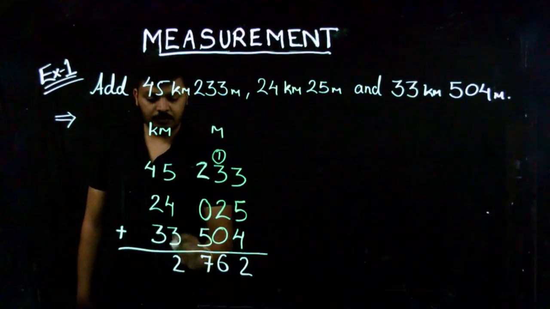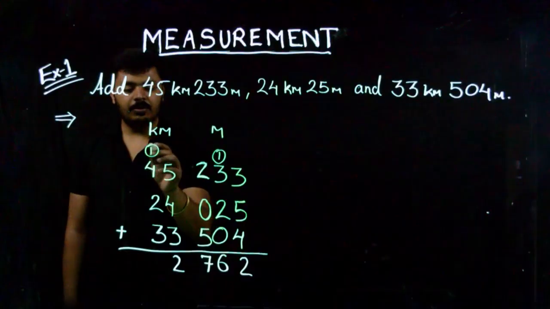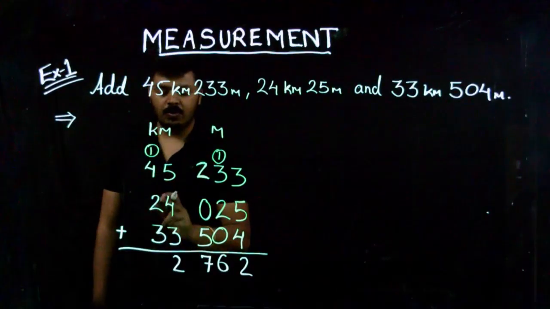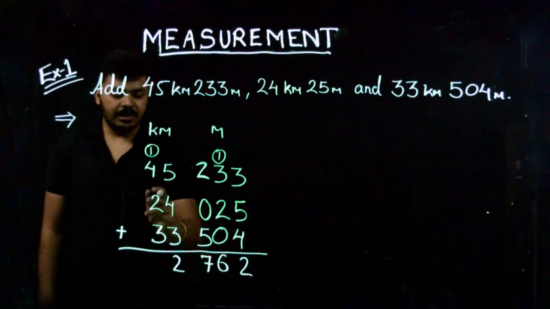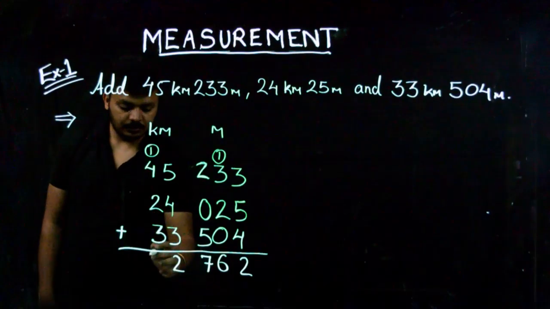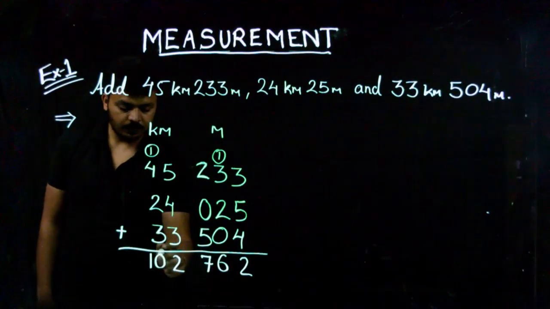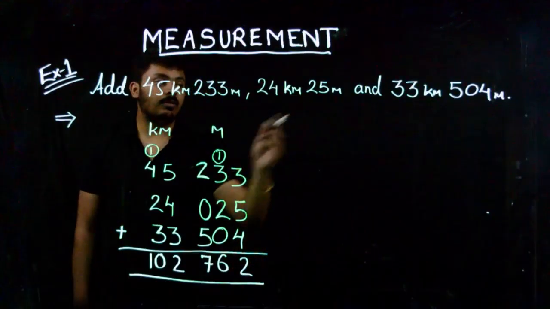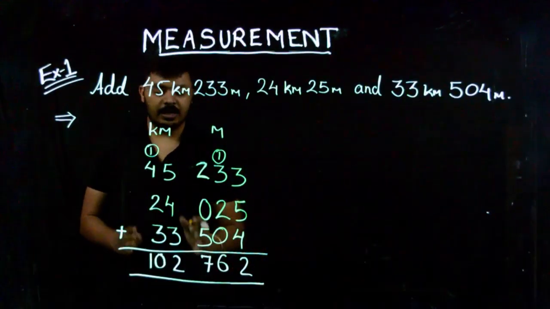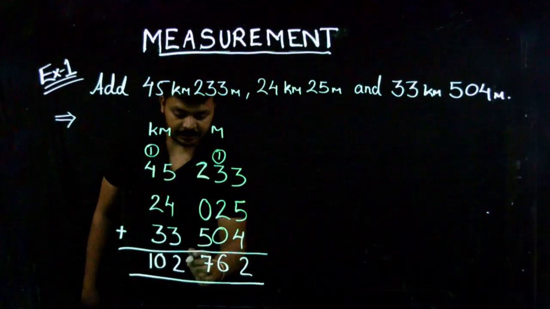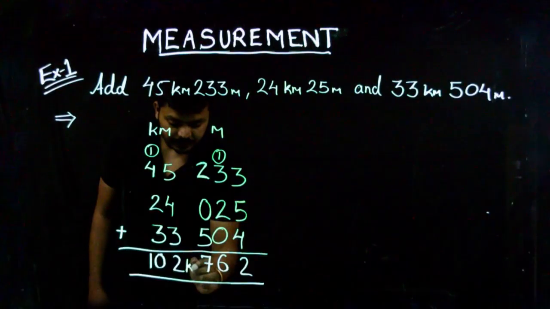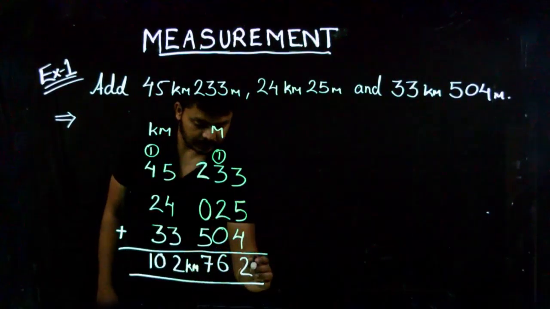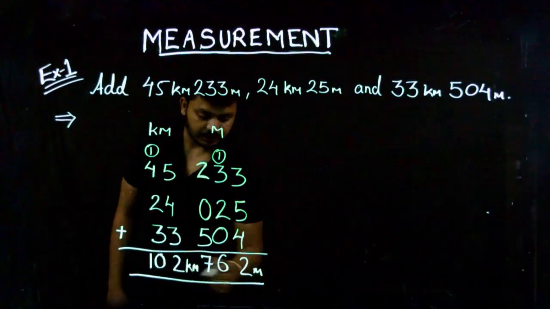So 2 and 1 carried over. Now 1 plus 4 plus 2 plus 3 is 10. So we can say the sum, our addition resultant, is 102 kilometer and 762 meter.